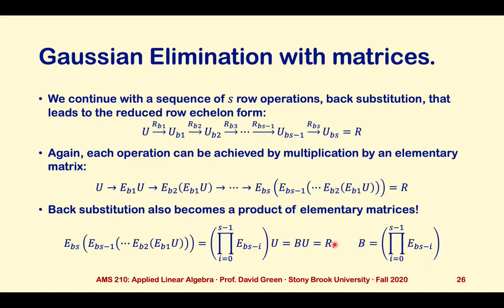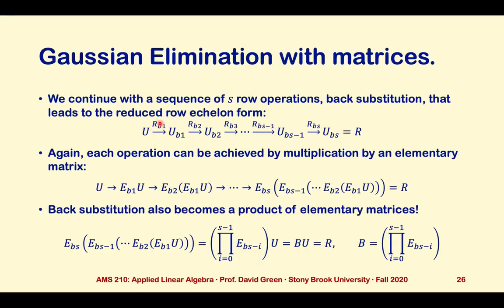Now what about if we continue with back substitution? We would start with U. We would take a sequence of row operations. These ones I'm calling B1, B2, B3 for back substitution, counting S of those, until we reach our reduced row echelon form, which I'll call R. In exactly the same way as for forward elimination, each of these steps can be replaced by multiplication by an elementary matrix.